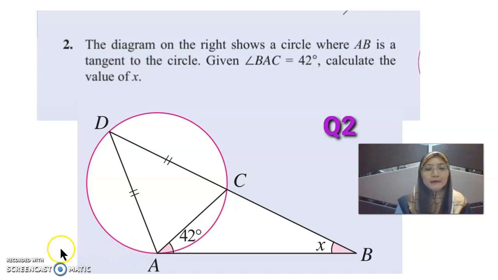You may extend the AB line. Then you also notice that the isosceles triangle is inside the circle.